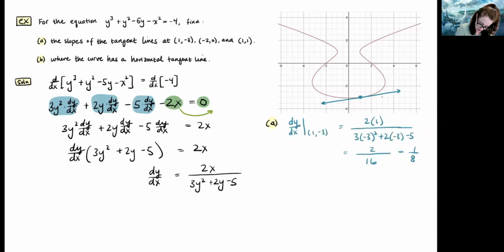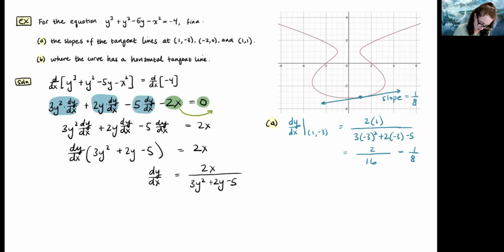Okay, so the slope of this blue line at 1 comma -3 is 1/8. Looks about right. I mean, it's definitely got positive slope. It's not a very steep line. 1/8 is pretty small slope. So it kind of makes sense based on at least our picture.